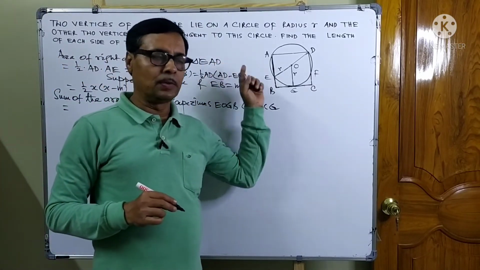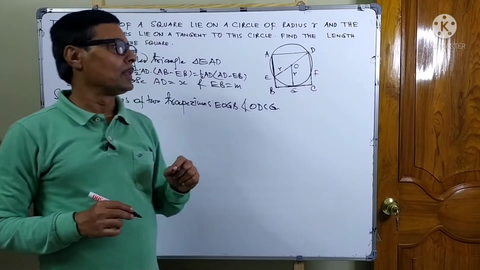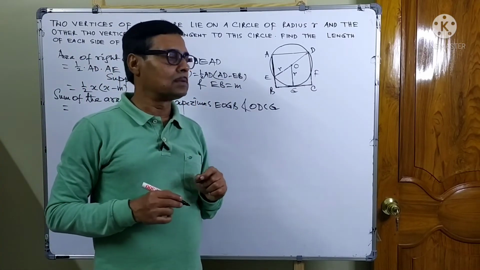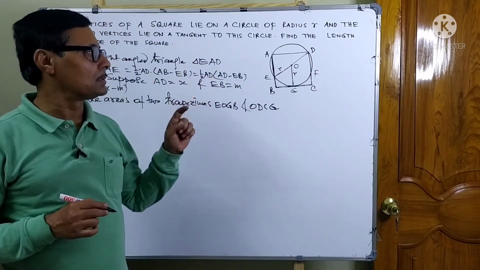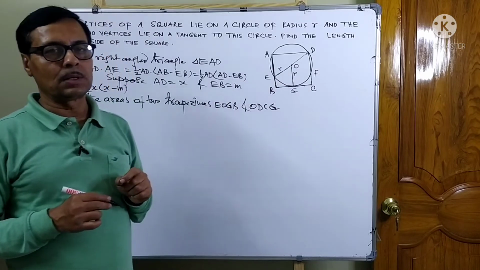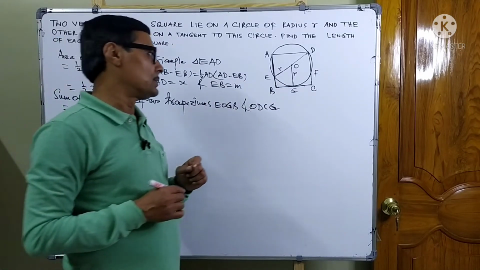The area of any trapezium is equal to the half sum of the length of the two parallel sides of this trapezium multiplied by the perpendicular distance between these two parallel sides.